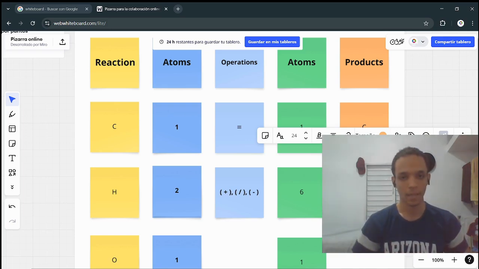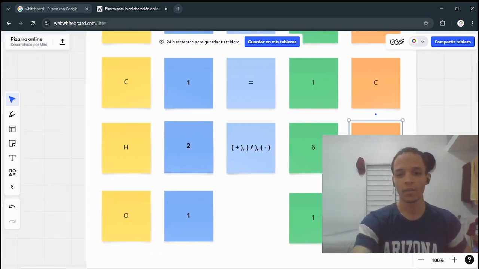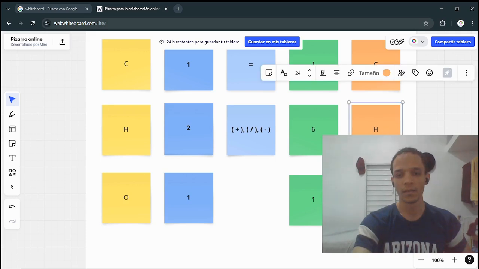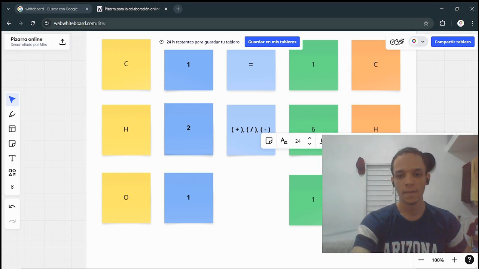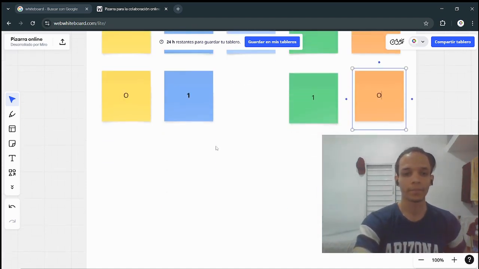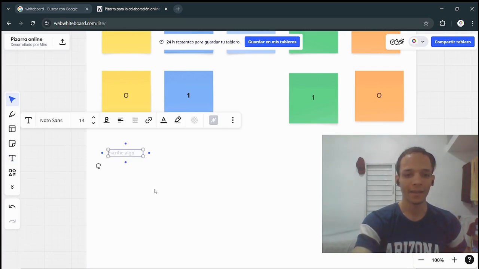Let's see. Hydrogen again, and let's copy this down here, and oxygen. Okay, now let's see the formula. Let's put it again here really fast.